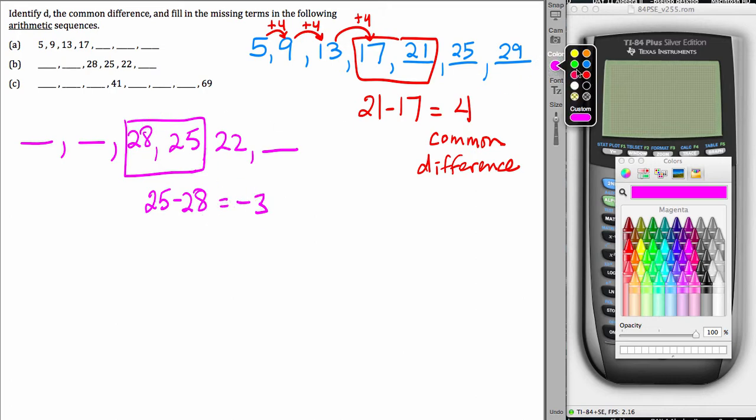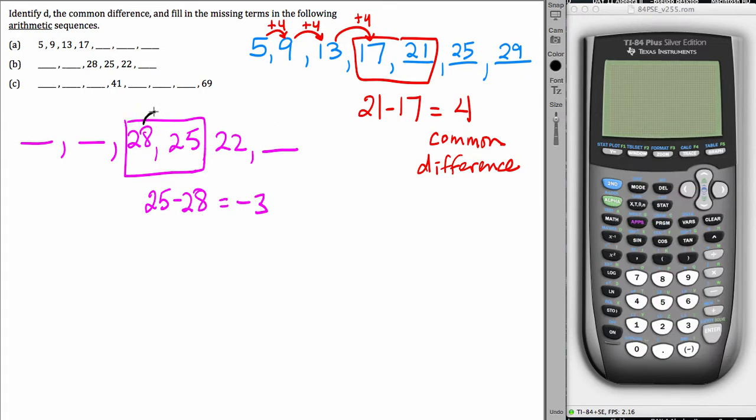What we're doing each time is adding -3, or you could think of it as subtracting 3. So 25 plus -3 is 22. So the next term would be 19, because 22 plus -3 is 19. So moving to the right, you're subtracting 3.